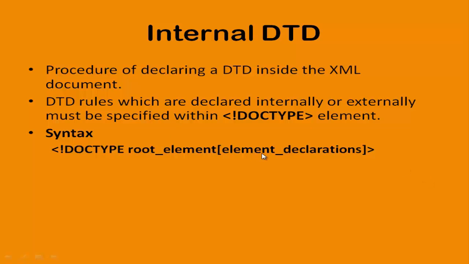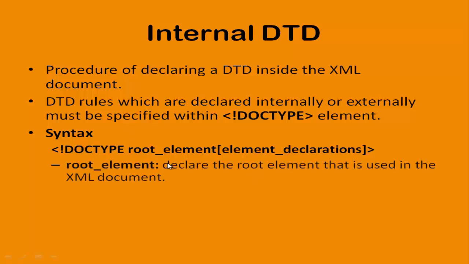Inside the root element, you have to declare the element declarations. Element declarations are nothing but the child elements that occur inside the root element. So declare the root element that is used in the XML document. The root element is considered the primary element within an XML document.